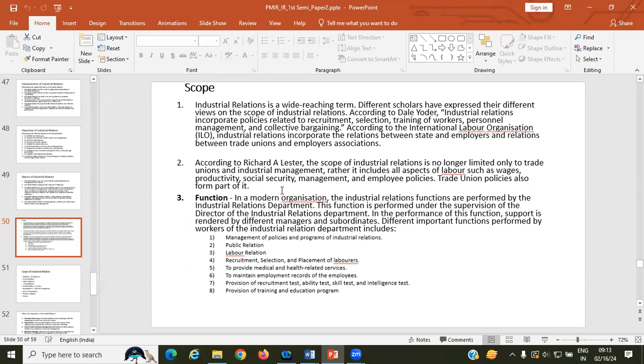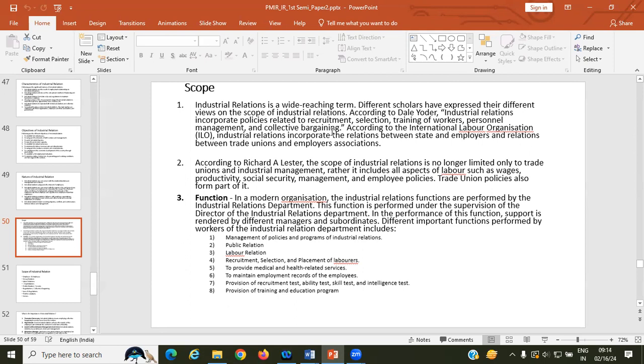Suppose you have a group of people who need some training, so you need to identify the training need, the training requirement of the employees. Then based on that, you have to plan. So these are the functions of industrial relationship.